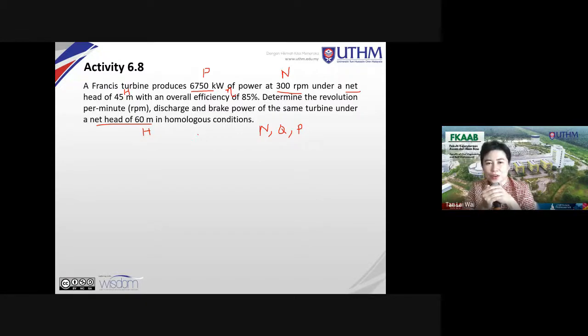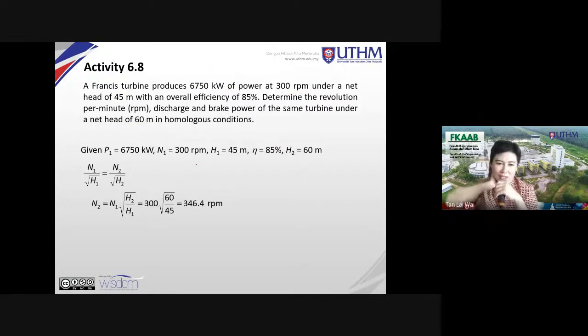So you need to find the speed, the discharge, and also brake power under a unit net head. So this is how you are going to do it. You are comparing both turbine 1 and 2. The first thing you need to find would be the speed for turbine 2.